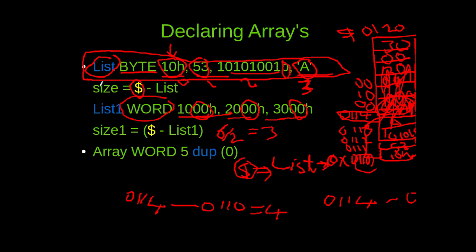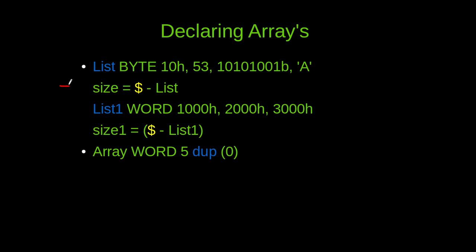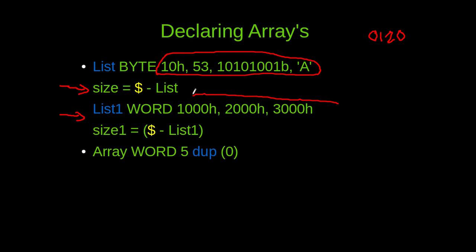Now what happens if you put this line, and let's delete this, clear, erase all ink. What happens if I take it and put it here? What do you think is gonna happen? The current location pointer is gonna be sitting at the address. If you remember, we had the 120, and it's gonna take the size of this and the size of this.